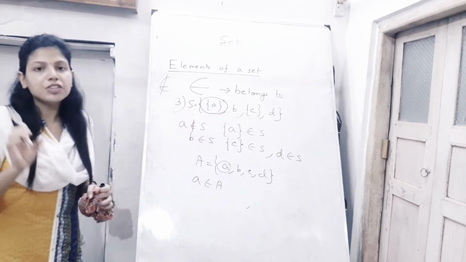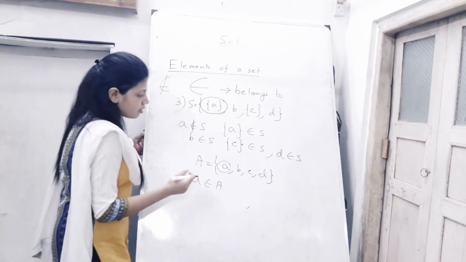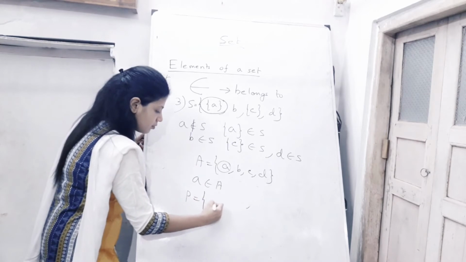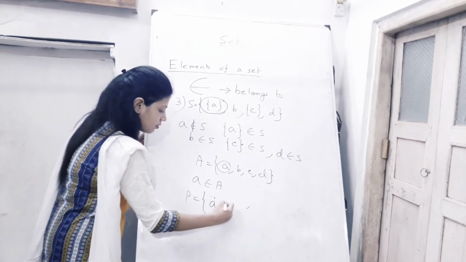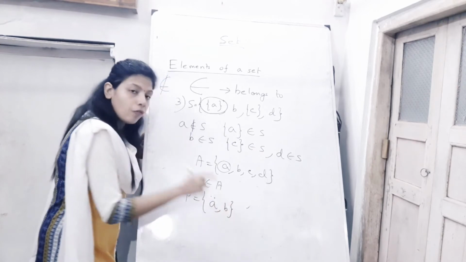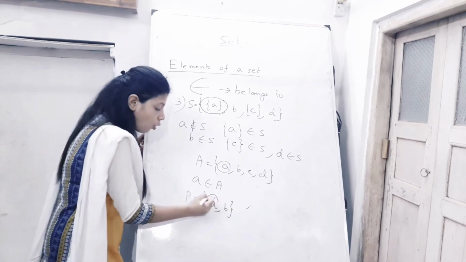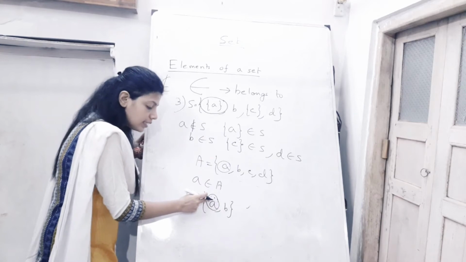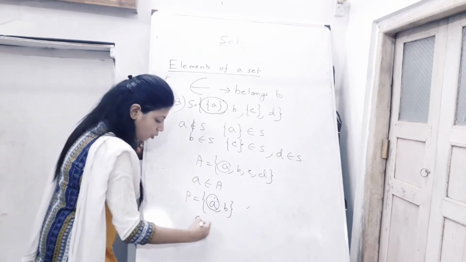Element means if I write P equals, suppose like this one, AB, then we have to write the whole element. Whatever the notation, whatever the symbol is there, we have to write the whole.